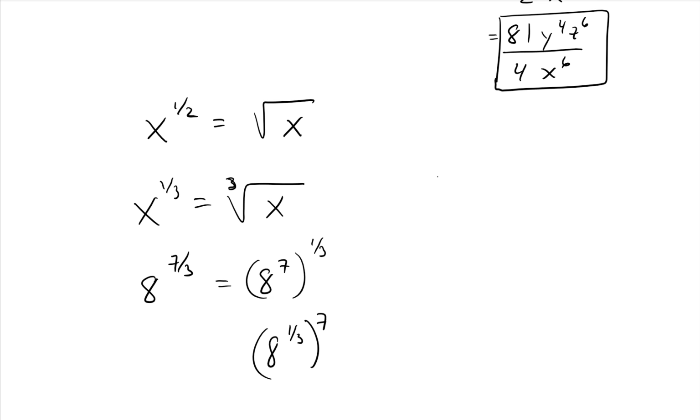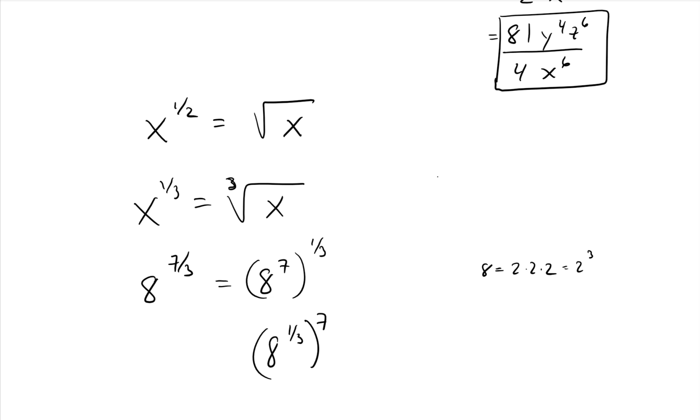But which one should we use here? Well, it depends if we think it's going to be easier to do a to the 7 or a to the 1/3 first. Now, 8, what is that? 8 is 2 times 2 times 2. It's actually a perfect cube.